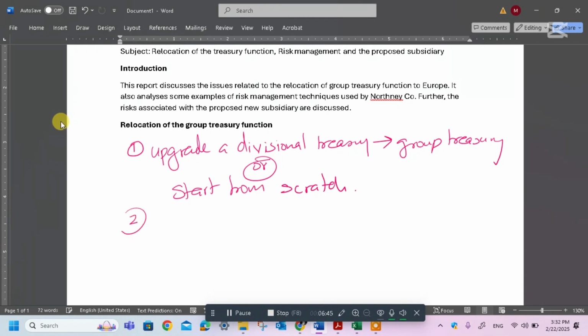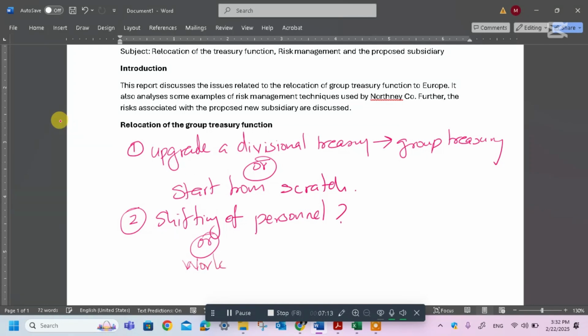Second one, whichever the case, those who are working in the group treasury now, who are based in America, will have to be transferred to Europe. So how far is that feasible, shifting of personnel? Either they are going to shift physically, or else they have to start working remote.